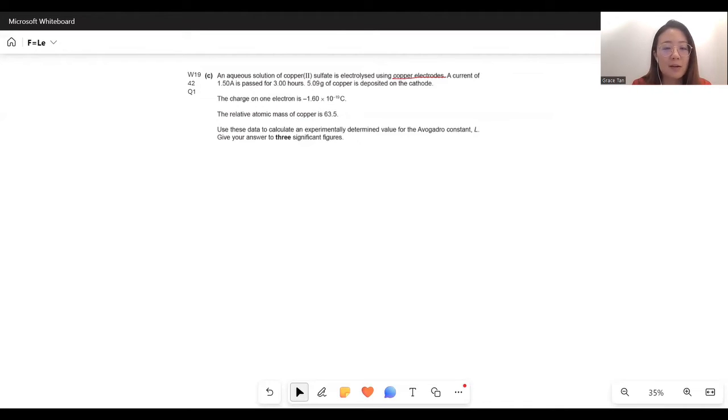Use this data to calculate an experimentally determined value for the Avogadro constant and give your answer to 3 significant figures. If you would like to try it on your own, you may pause the video and try, and then resume when you're ready. But for me, I will continue to solve this question. First, we write the equation.